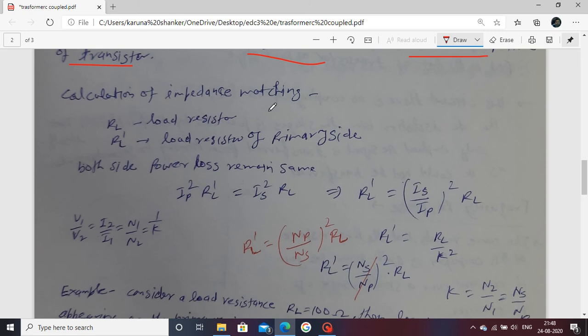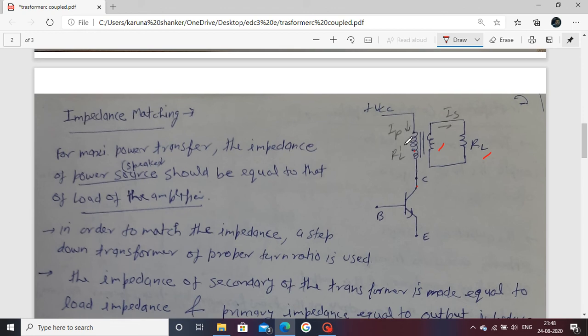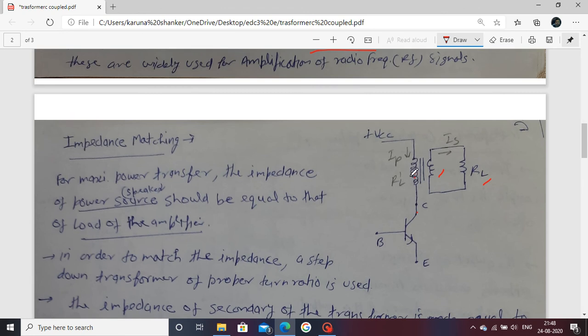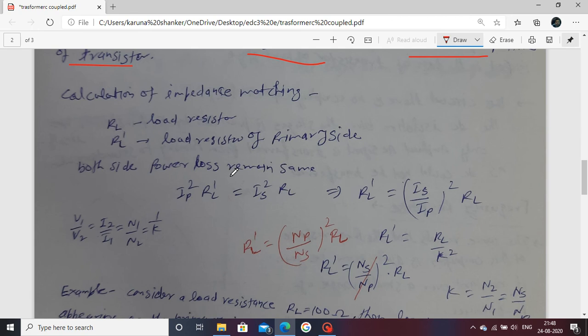There is some relation written here. RL is the load, RL dash is the primary impedance indication. Both power losses remain the same. Means I square R, the primary side current and secondary side current, both are equal. By this relation we achieve this.